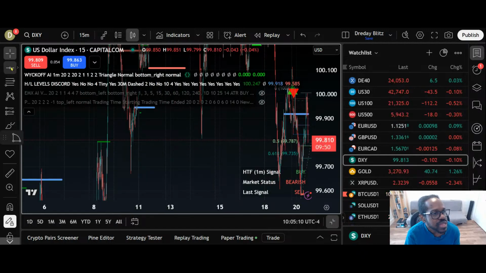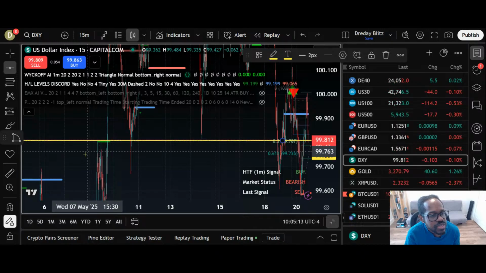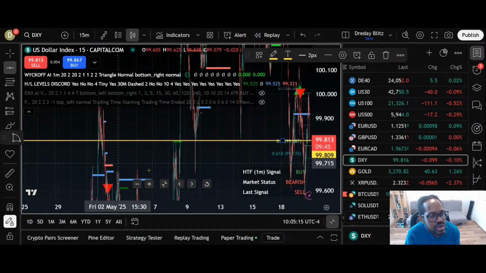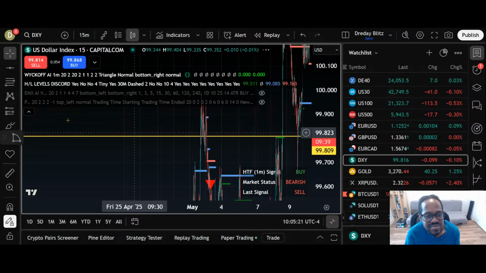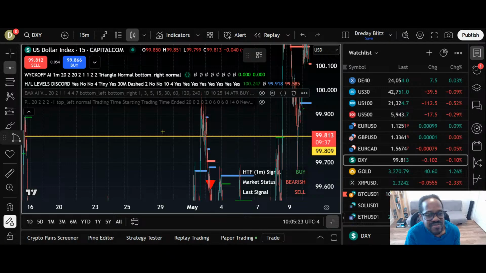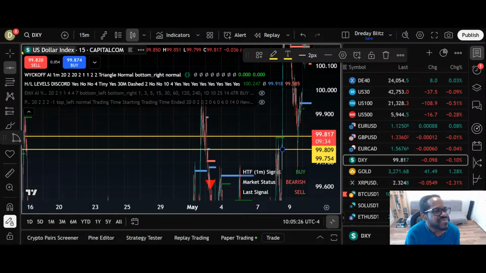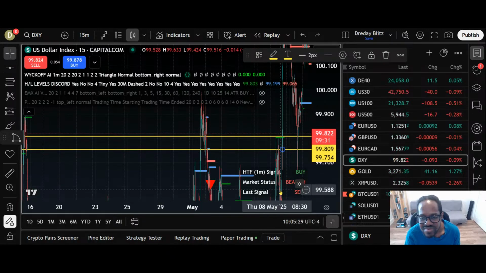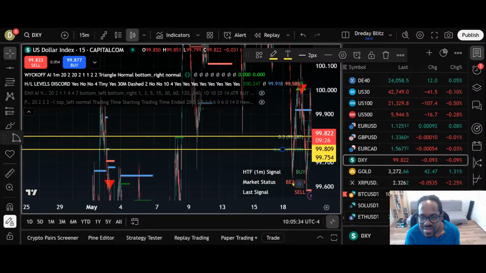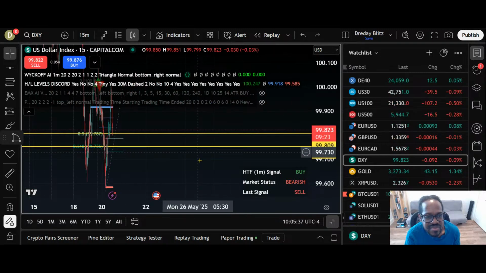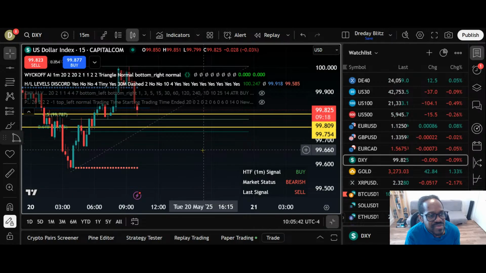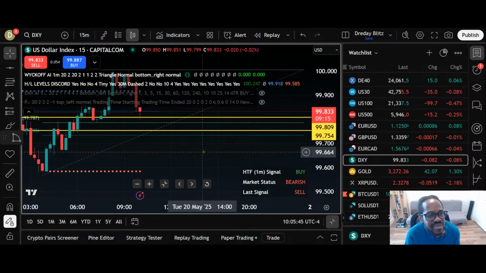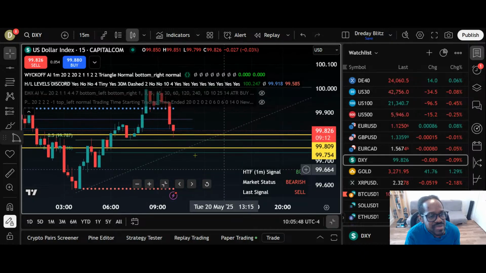And if I put lines on previous levels here, all right. Those are basically the nearest levels here.